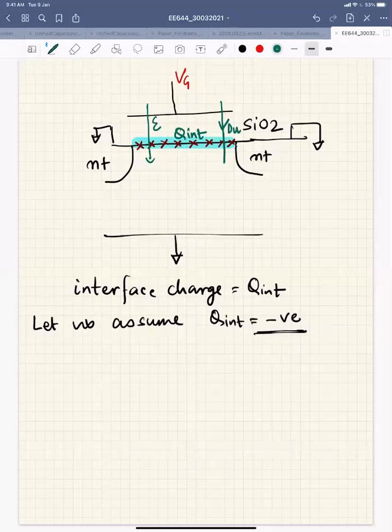Let's say upper and lower: the displacement vector on top of the interface is du, and the displacement vector on the bottom of the interface is dl.